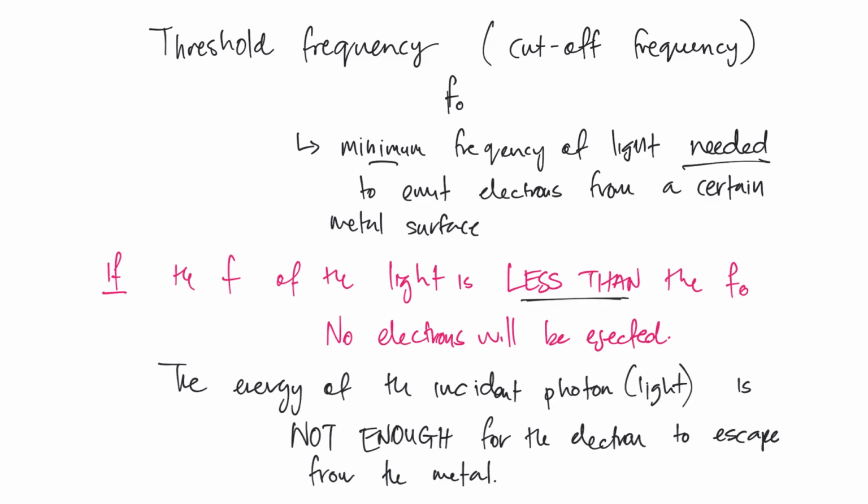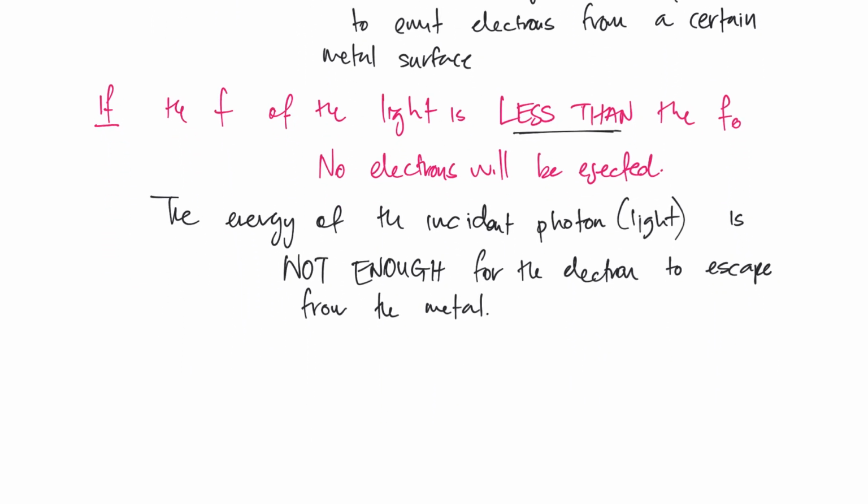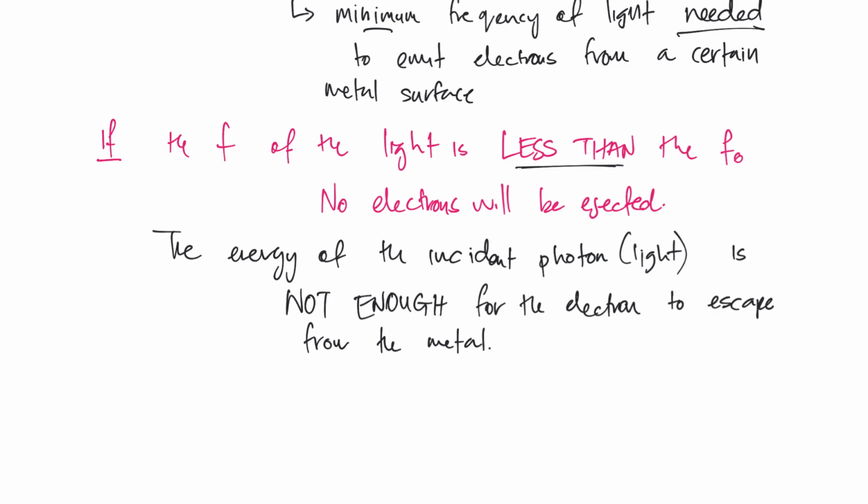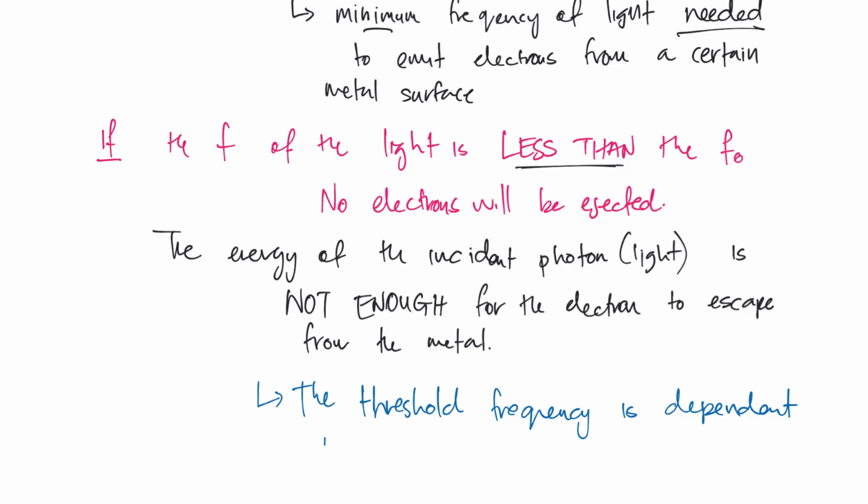Now, low frequency light is like, for example, red light or orange light, yellow light. You mostly use red light. So what this actually means then essentially is that you must also know that the threshold frequency is not dependent on the intensity of the light, right? The threshold frequency is dependent on the type of metal.